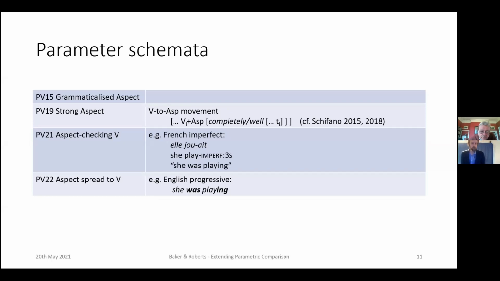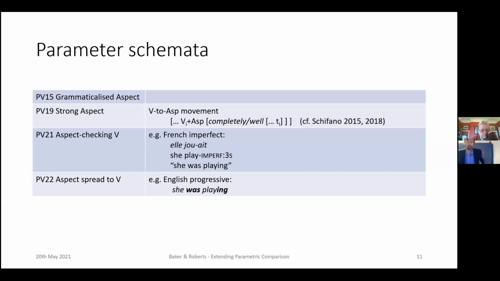We also have the possibility of aspect checking. So this is seen, for example, in the French imperfect, where the verb inflects with a particular ending that, as well as marking agreement, also marks a particular aspectual relationship. So that's a verbal inflection or suffix. But we have other ways of marking aspect as well.